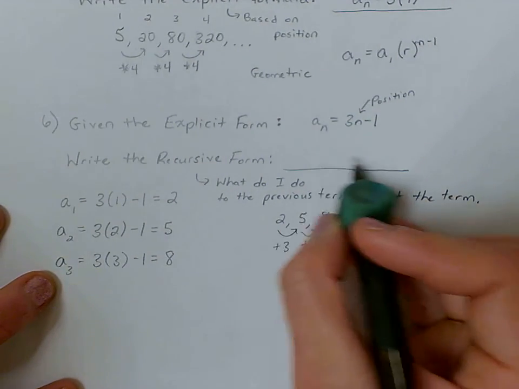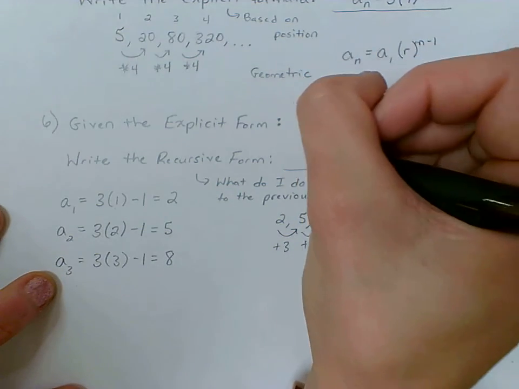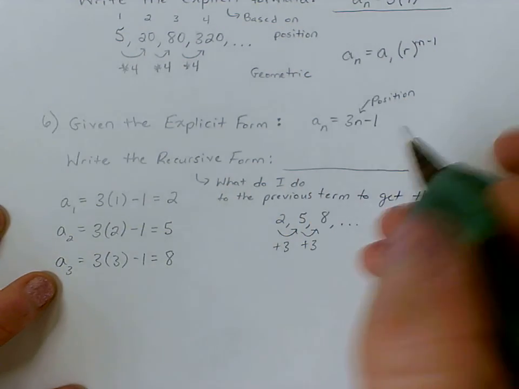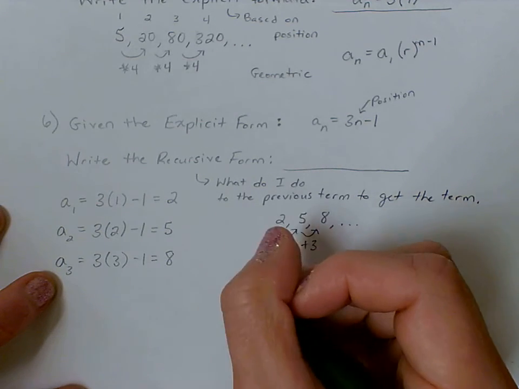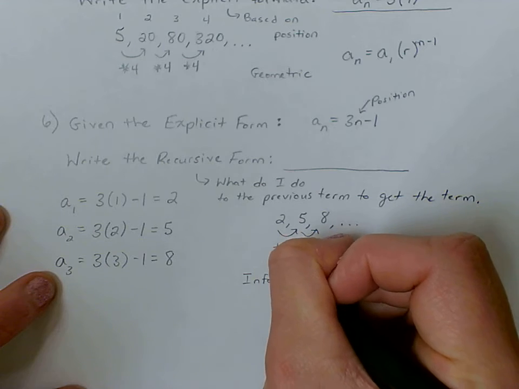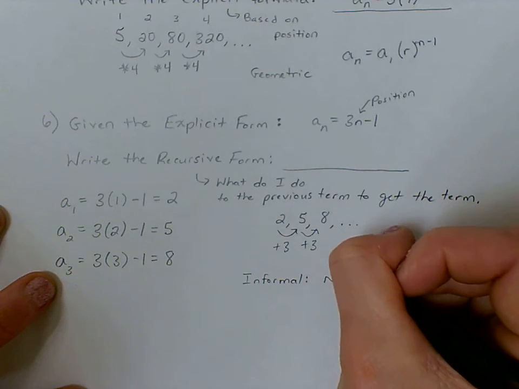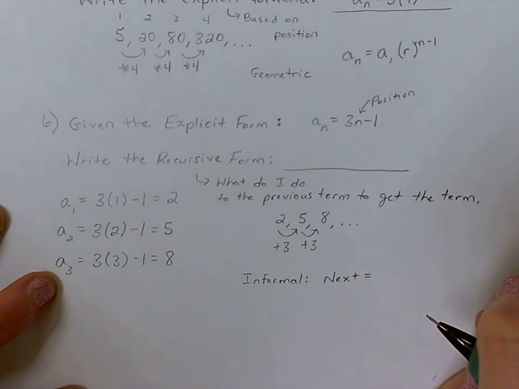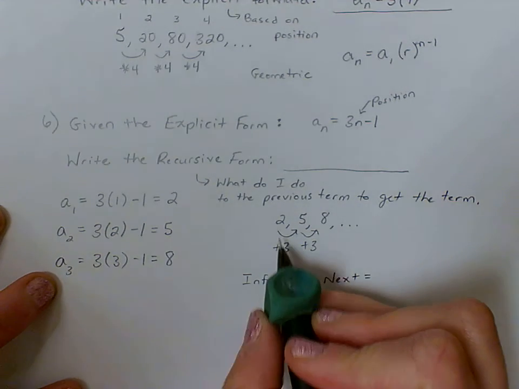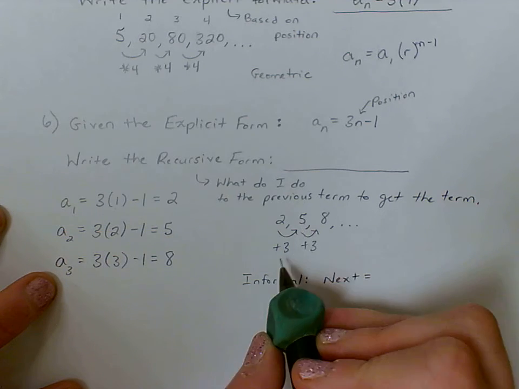And there were 2 ways to write the recursive form, okay? One way that you could write it was the informal way. And I'm actually going to write my answers down here just because I didn't leave myself enough room. So the informal way was using the next and now. And so to get to the next term, what am I doing to the term I have now? Like if I started at 2 and I had to get to the next one, what am I doing?